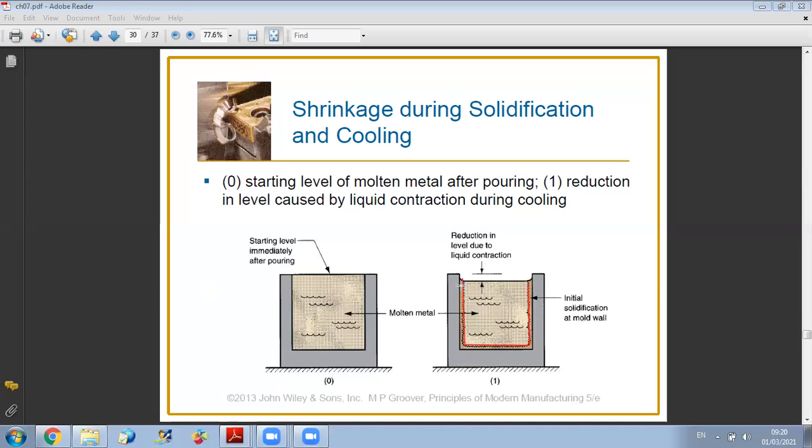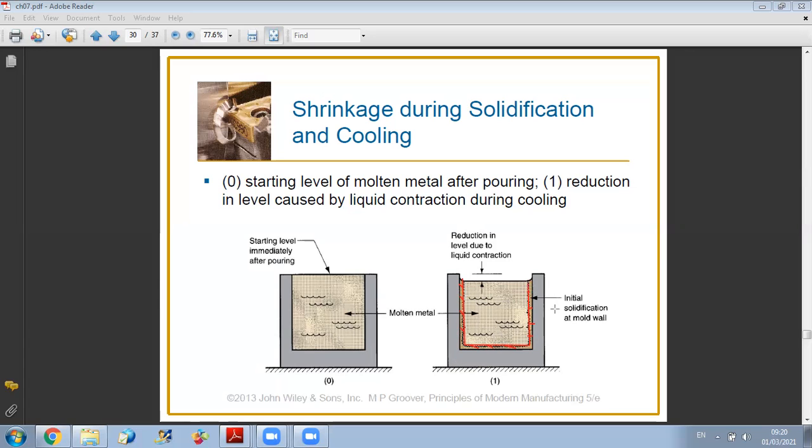You will have a solid zone directly close to the wall. This will cause a first step of shrinkage, because close to the walls you have a much lower temperature. So due to this fast reduction in temperature, you will have immediate formation of a layer of solid.